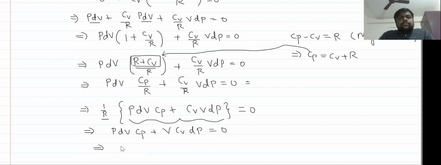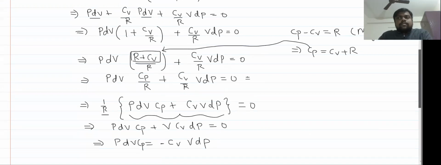Now if you take this to the other side, you will get Vdp is equal to Cv into Vdp, and this Cp is also here. Cp equal to minus, we will be getting here.